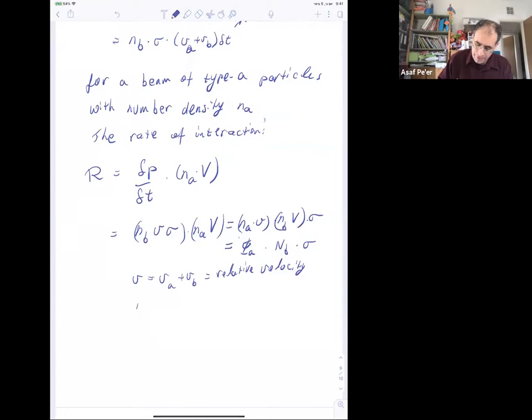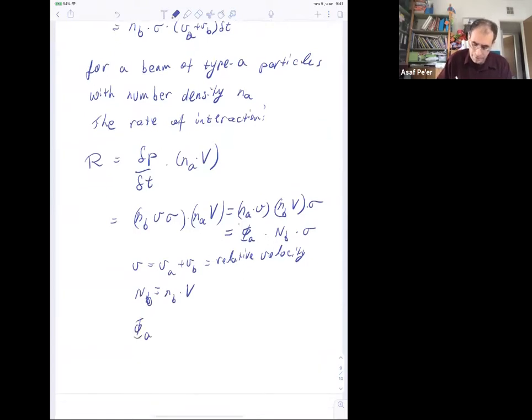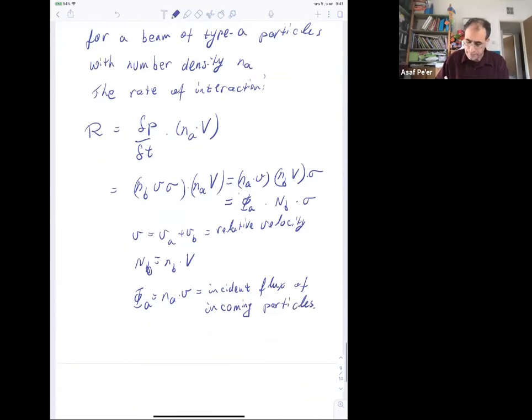So phi A, NA times the relative velocity, is the incident flux of incoming A type particles.